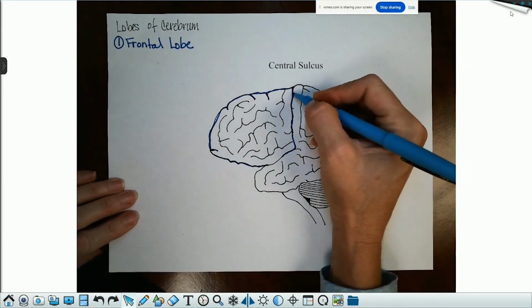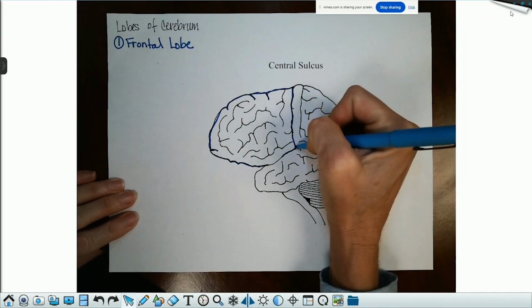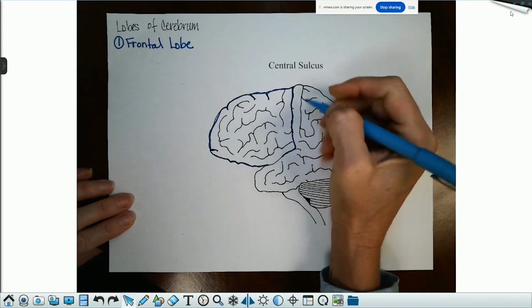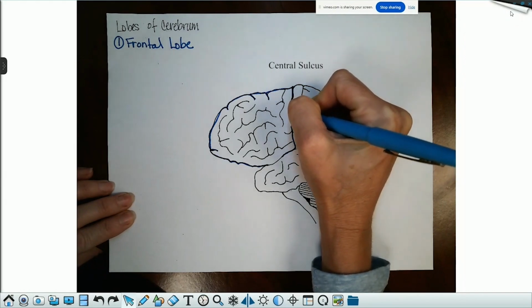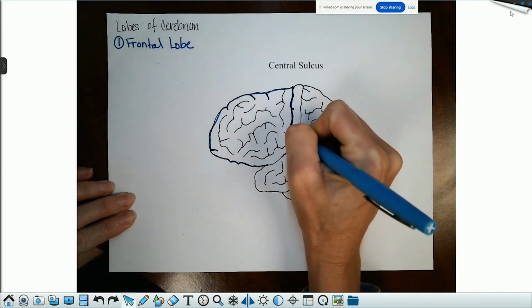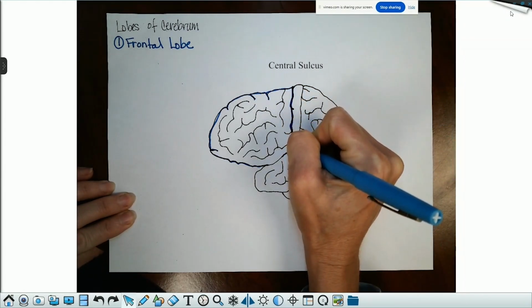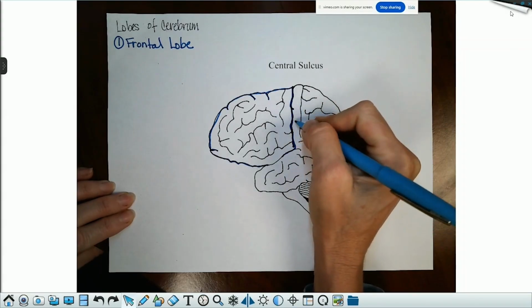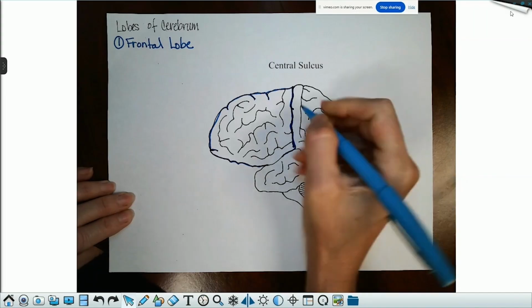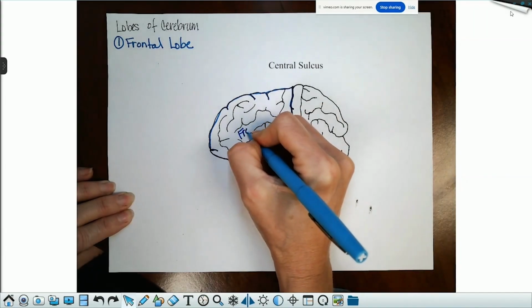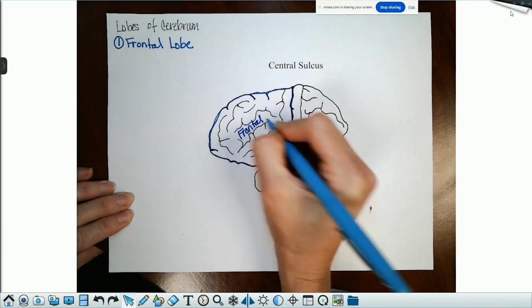Now I've also drawn this line right here, and I want to point this out as this is the central sulcus. This is a groove down the lateral side of the brain that divides the frontal lobe from the parietal lobe.